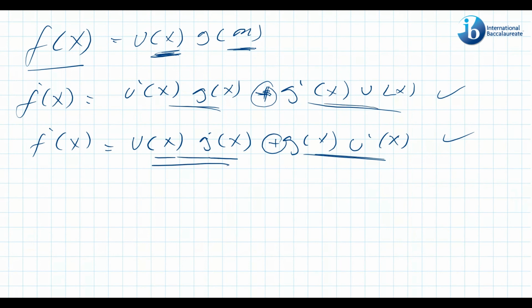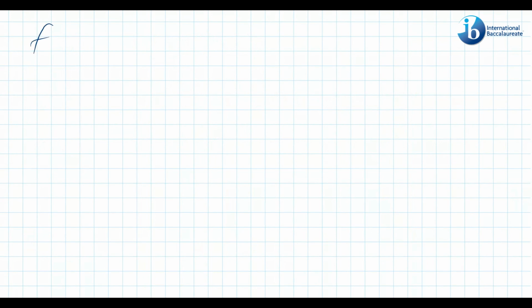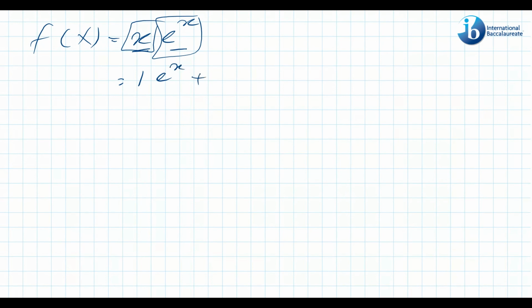This is the rule if you have two functions, such as, another example, the third one, f of x equals, for example, x by e power x. This is a function and this is a function. Then it becomes what? The derivative of the first one by the second plus the derivative of the second by the first, right? Then it becomes e power x plus x e power x.